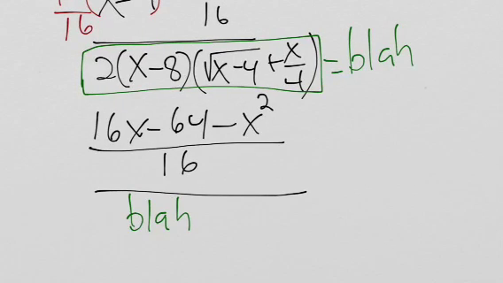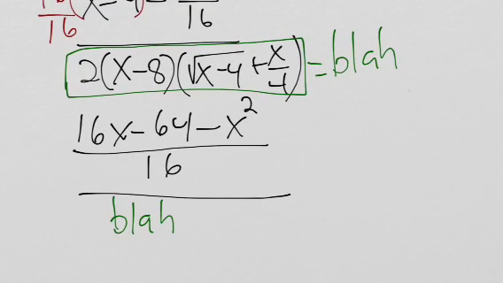Okay, so we want to be able to factor this top part now. There's probably an x minus 8 hiding in there somewhere. All right, so we're going to reorganize this. We're going to move this negative x squared to the front, because that's the way we like to see quadratics, and then we're going to factor out a negative at the same time. So what we get is negative x squared.